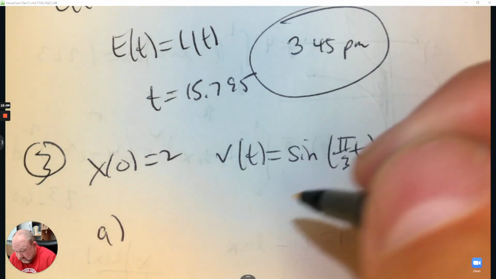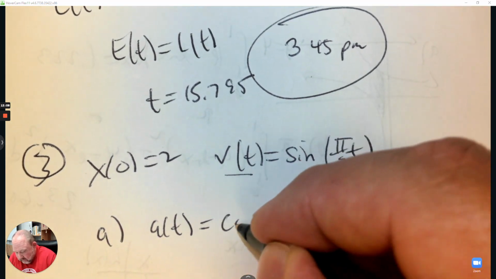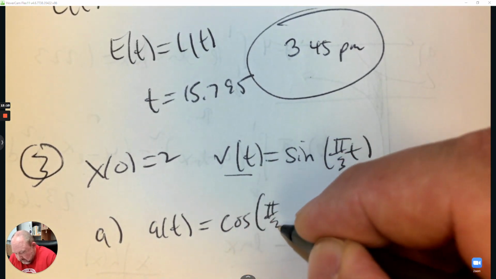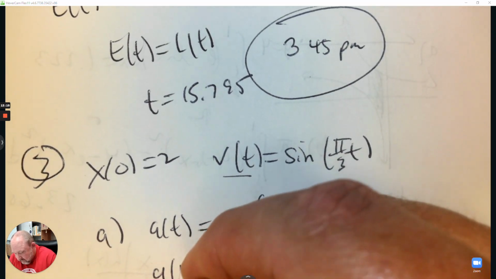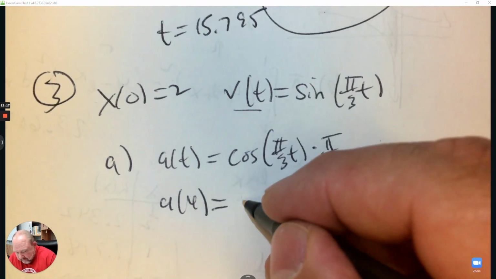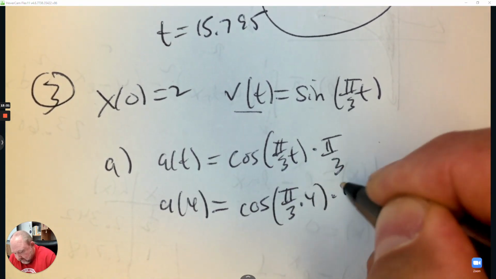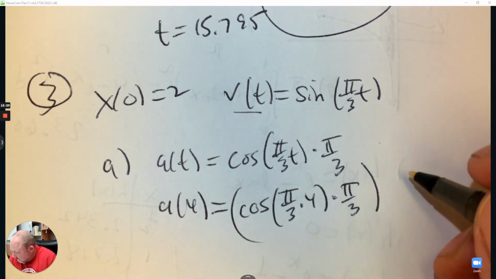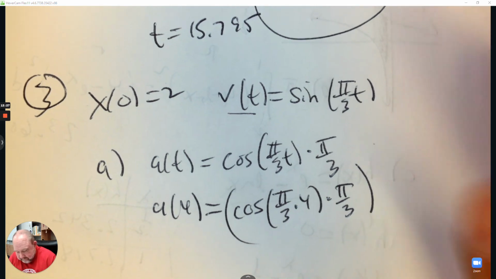What's the acceleration? So the derivative of the velocity, so that's cosine of pi over 3t with a hook of pi over 3, and then plug in 4. For a calculus exam, we don't even have to simplify this. So pi over 3 times cosine of 4 pi over 3, just leave it. And then do we have units? Nope. And there it is.